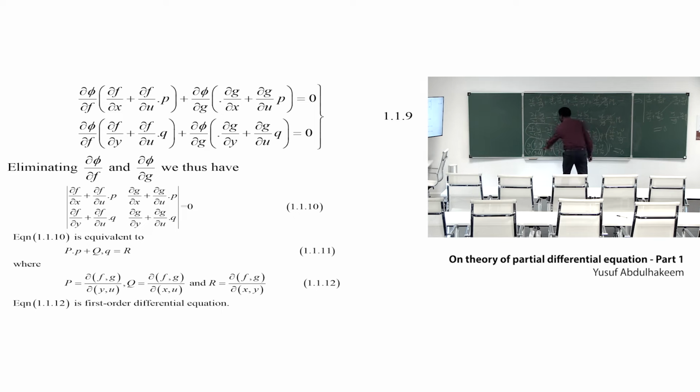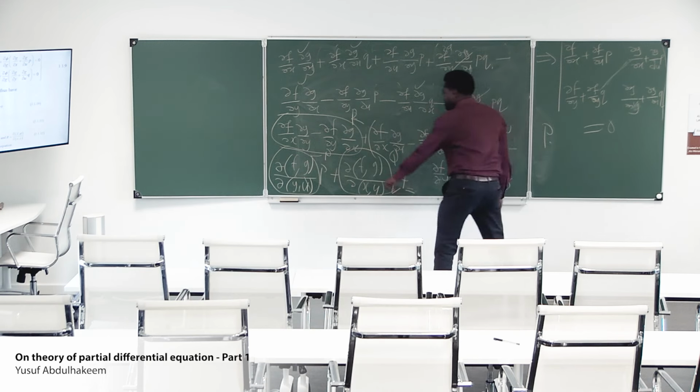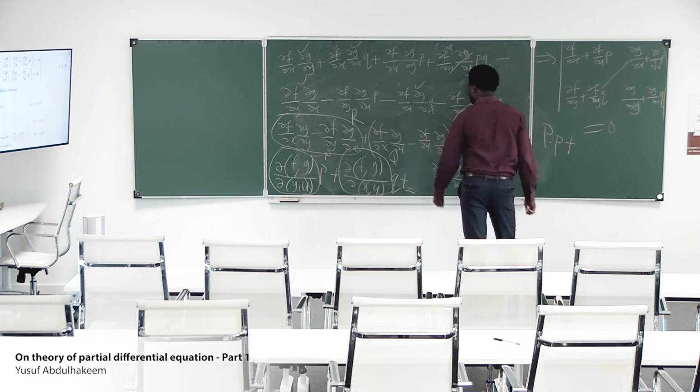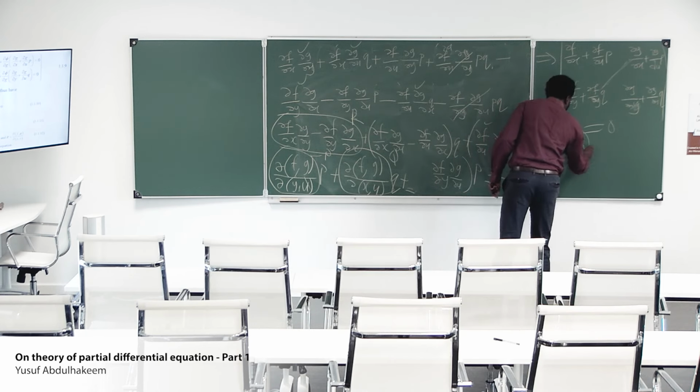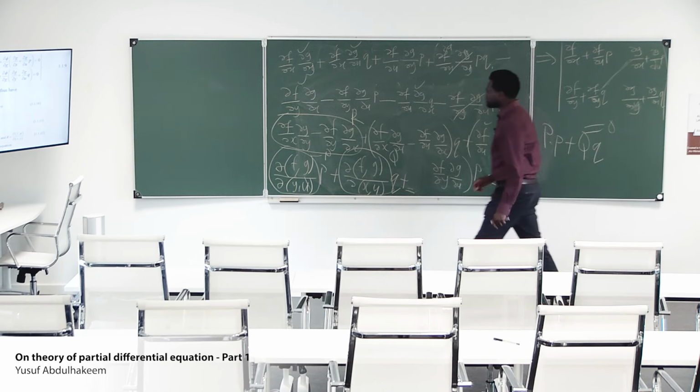By the time we resolve this, it will give us P times small p, then plus Q multiplied by small q. Then of course, this is negative.